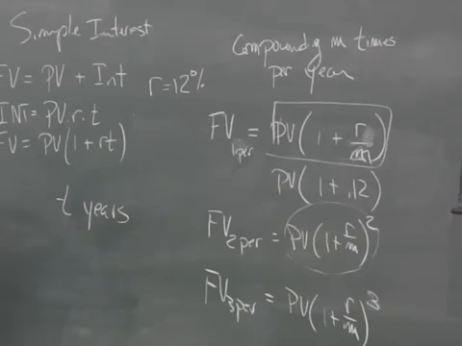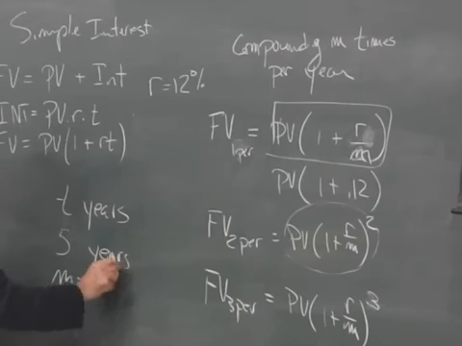So if I want to know the answer to that, how many times am I going to do this? Let's just make it concrete for a minute. Suppose it was 5 years and m was equal to 12. In other words, I'm doing it monthly, 12 times per year.